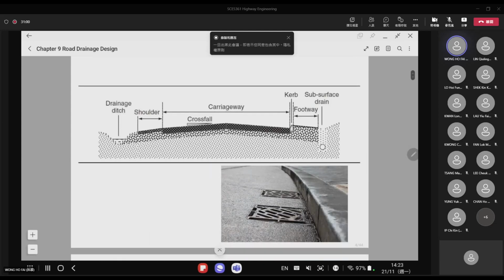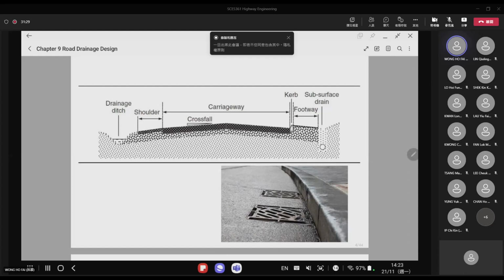So here you can see the cross section of the road, and basically we have several components. In the middle part of the road we have the carriageway. The carriageway is the area where our vehicles go back and forth, the part where our vehicles are riding on.